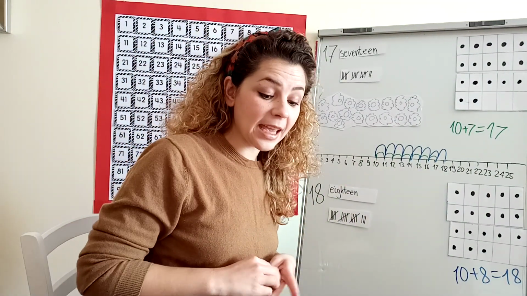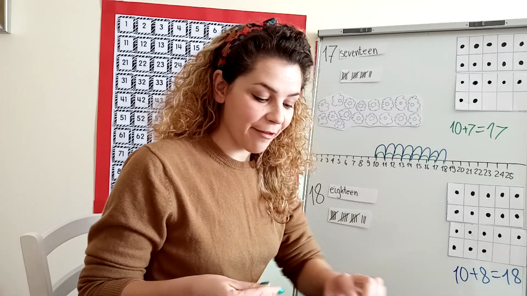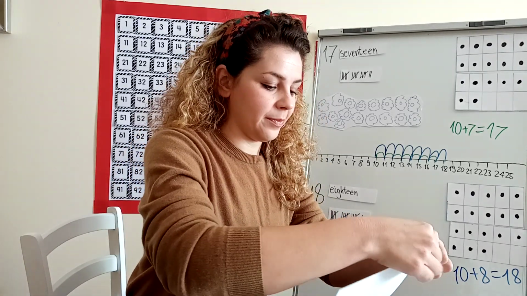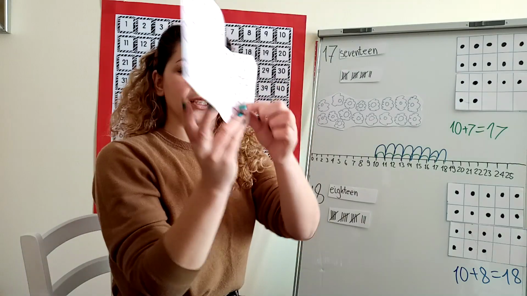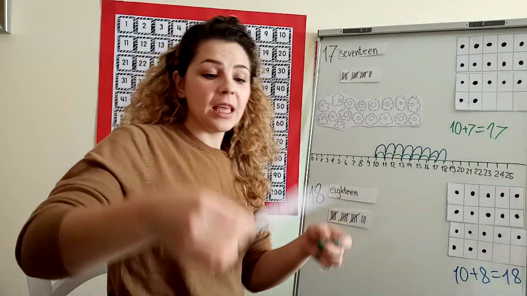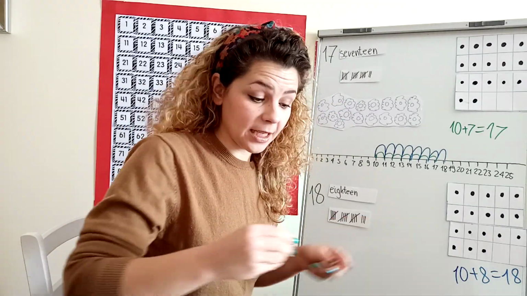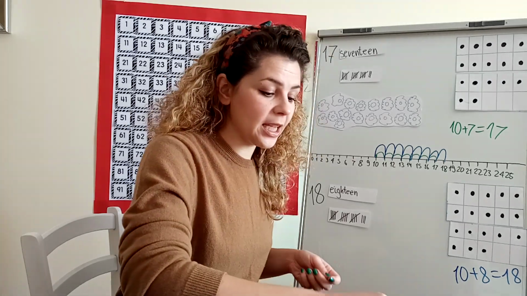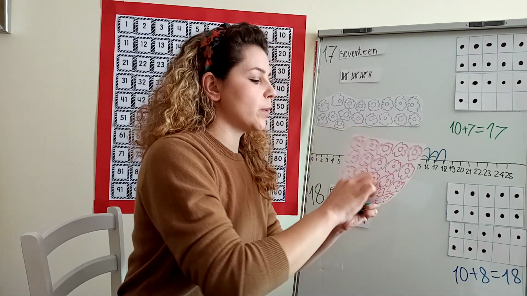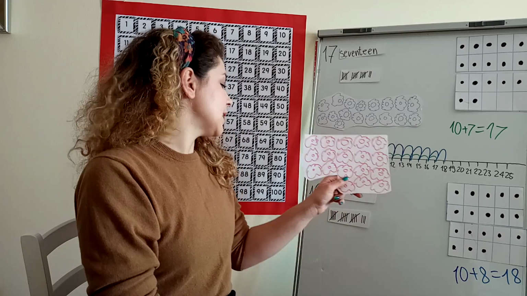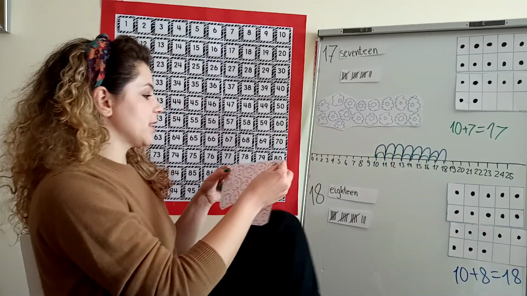This one has 18 pink flowers. Any way you turn this paper around, it's always showing 18. It doesn't matter where we start counting, because it simply has 18 flowers.